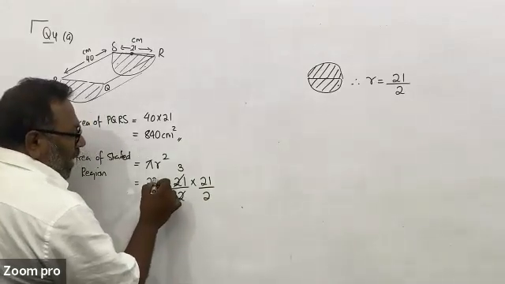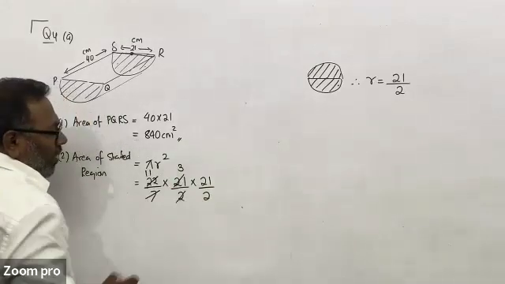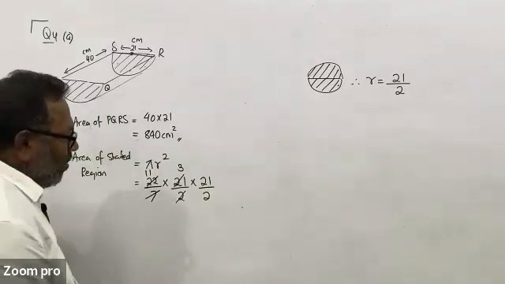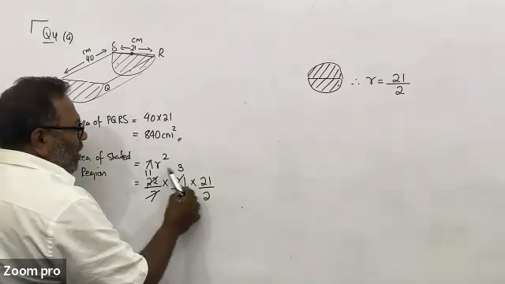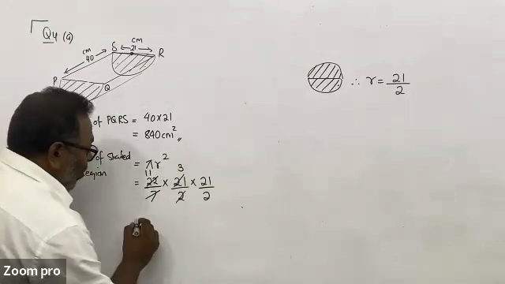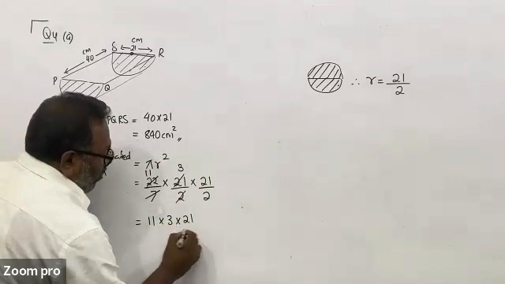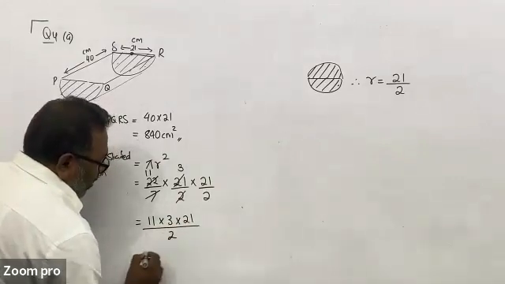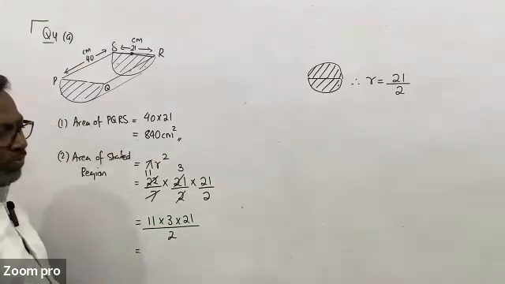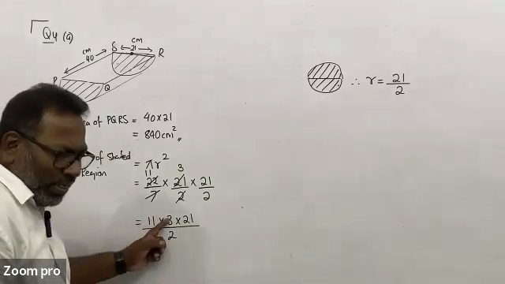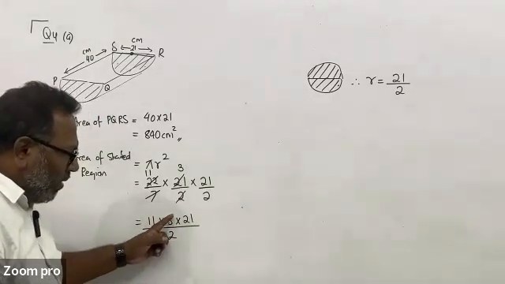This 2 and this 22 can simplify. That becomes 11. So you're only left with this to sort out. So 11 into 3 into 21 divided by 2. 11 into 3 is 33.